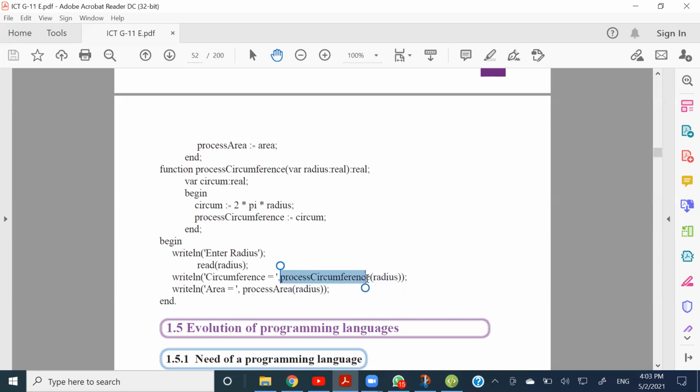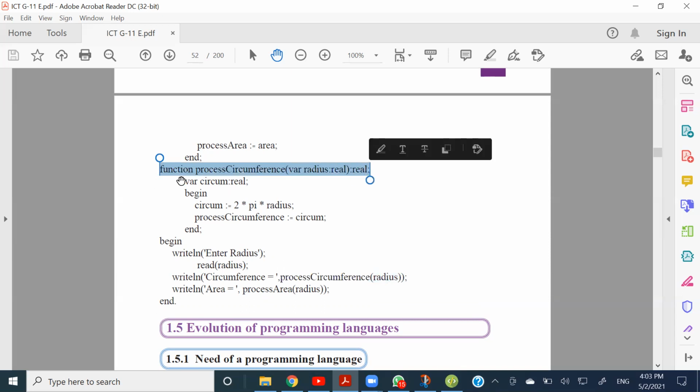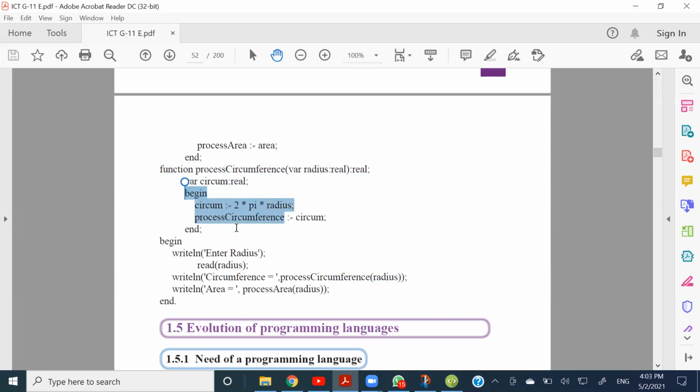So when this is being executed, it goes right over here, right? This particular function, and they are going to execute these things. Right? So once it ends, what is the place that they are going to return?